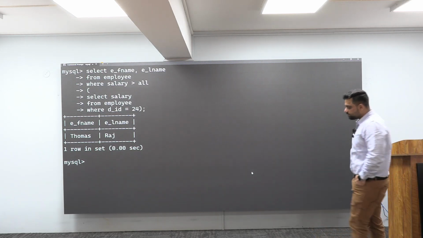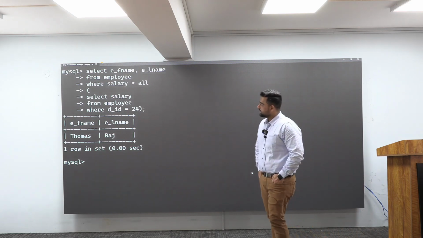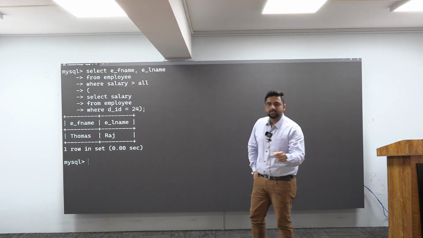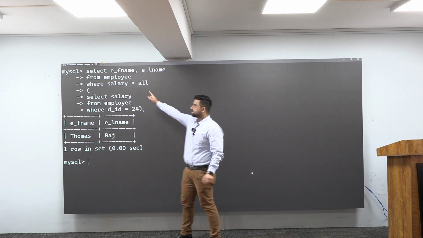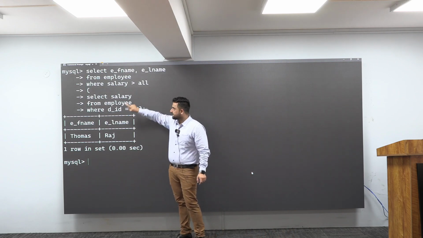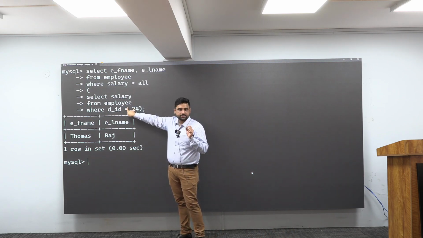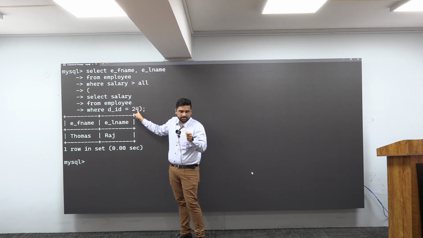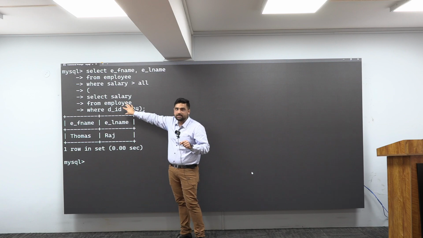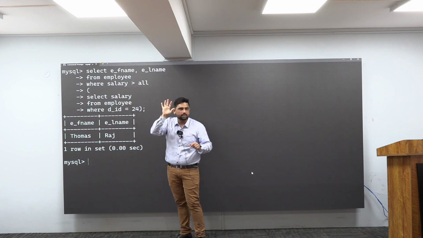So those who wanted to write this, they can write. And many of them just put the greater than operator. See, over here this query will return only a single row, because in department 24 we have only one employee. But there is a chance that in department 24 or in department 22 we can have multiple employees. If the subquery returns multiple employees, then your greater than operator will not work.